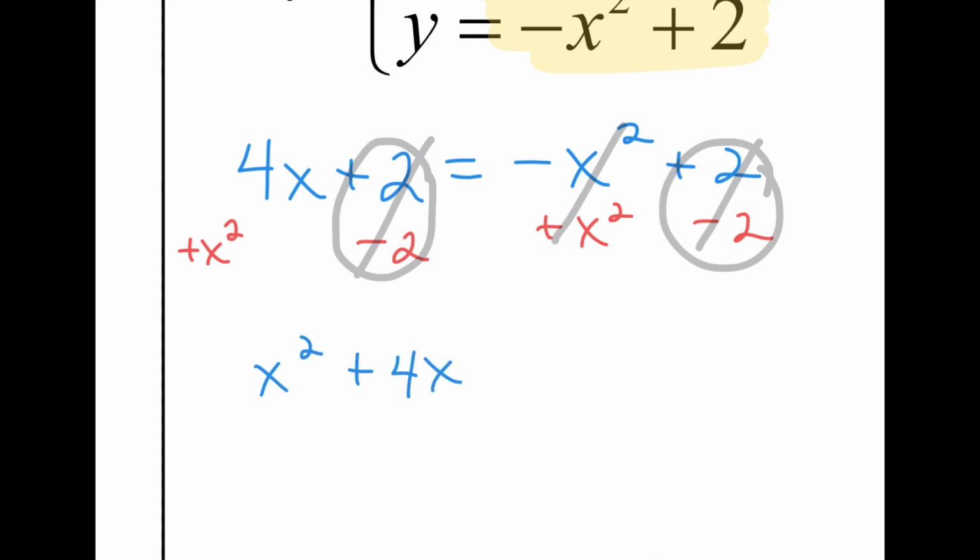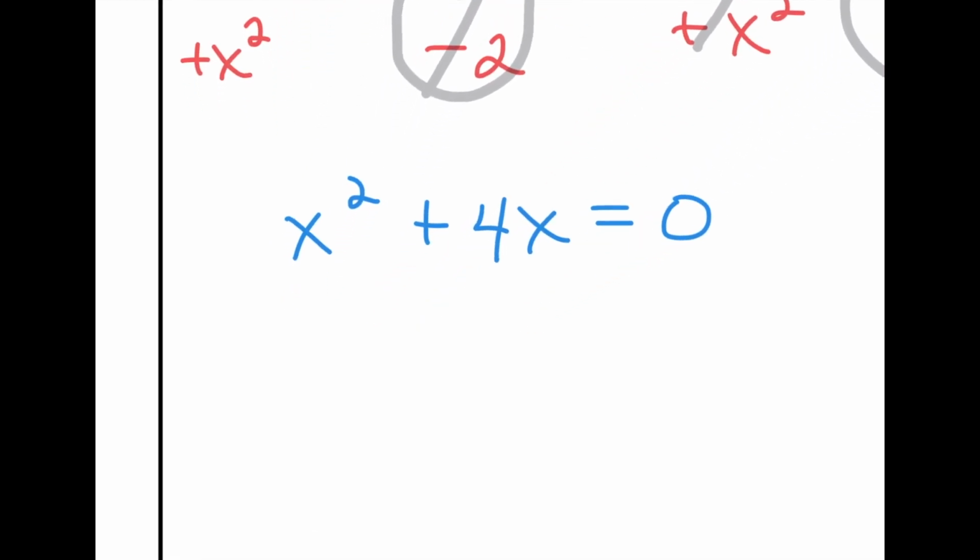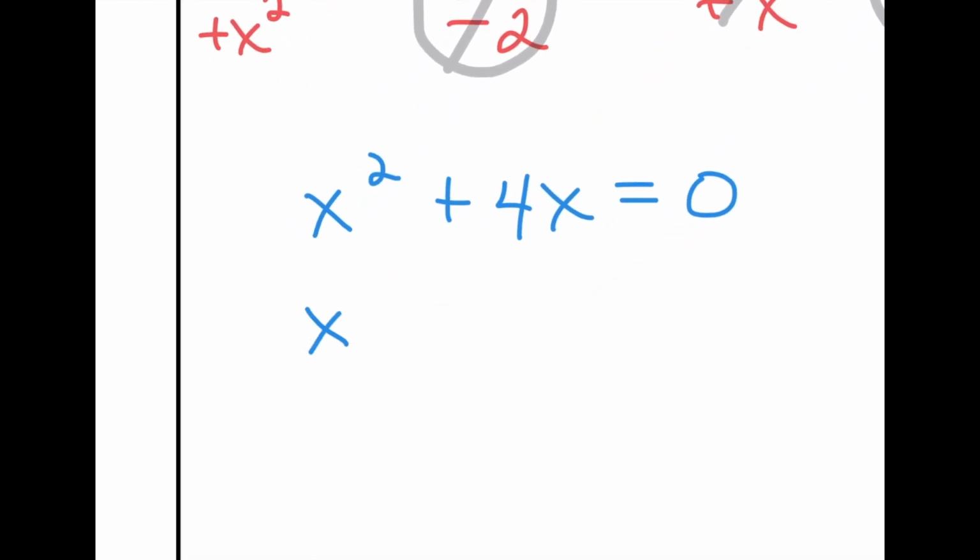Those are the two things that don't become 0. Everything else becomes 0. And remember that when you're factoring, if you have a GCF or a greatest common factor, you factor that out first. So now I've got x times x plus 4 equals 0.